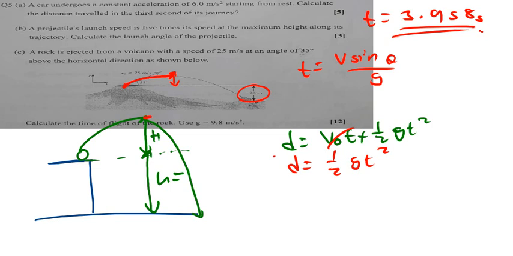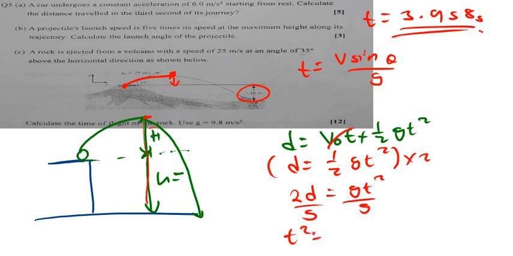So we do times 2 everywhere. So this h is the same as this h we are talking about here, the whole h. So I'll have 2d, which is that h in that case, is equal to gt squared, divided by g, divided by g.